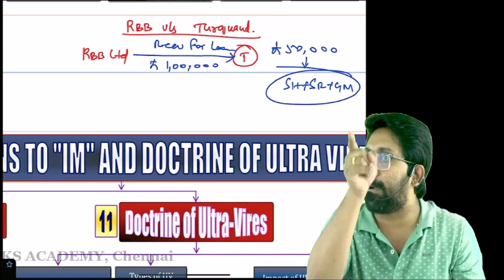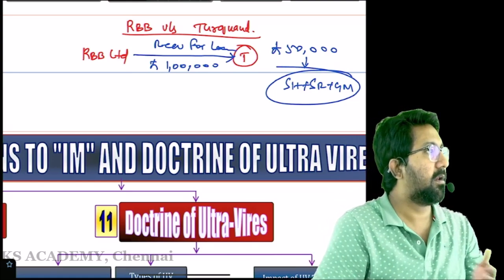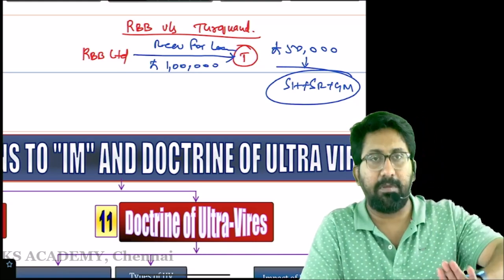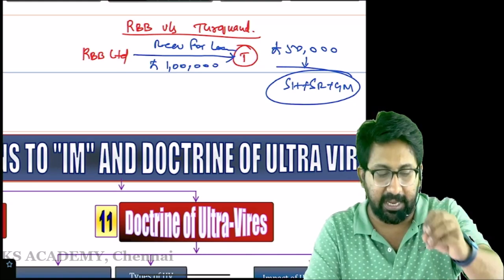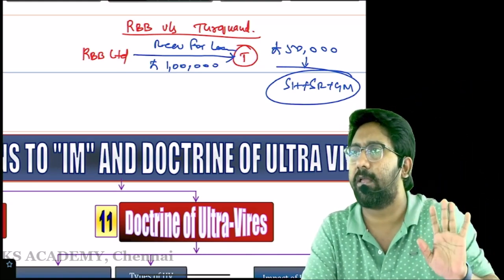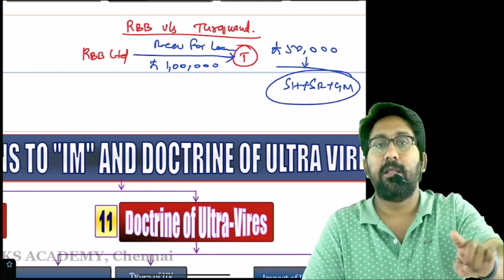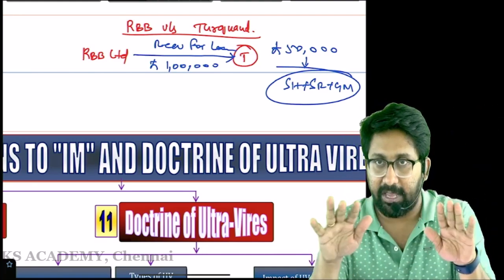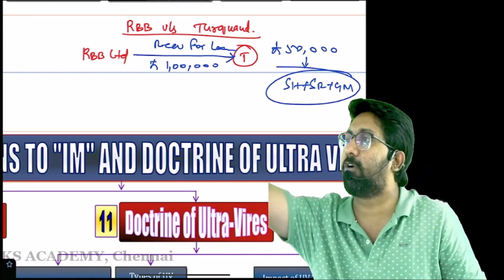Now, did RBB pass the SR or not? Now tell me, is this loan transaction valid? That means, can T recover? Can recover, because my mistake is not there. Passing and not passing of SR is the mistake of whom?